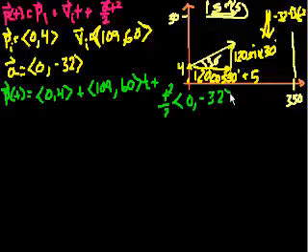This is actually a cleaner way of writing it, but it's exactly what we did with unit vectors. Instead of writing the i's and j's, we're just writing the numbers in brackets here.